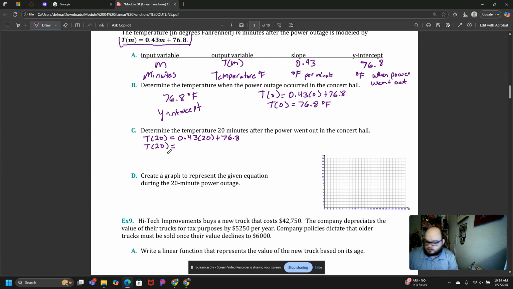I've got my physical one set right here, so we'll just do that. 0.43 times 20. So that's 8.6 plus 76.8. So the temperature 20 minutes after is whatever this adds together to get. That adds together to get me 85.4 degrees Fahrenheit.